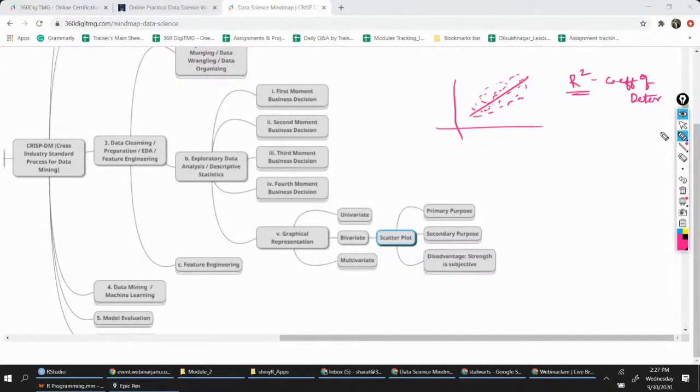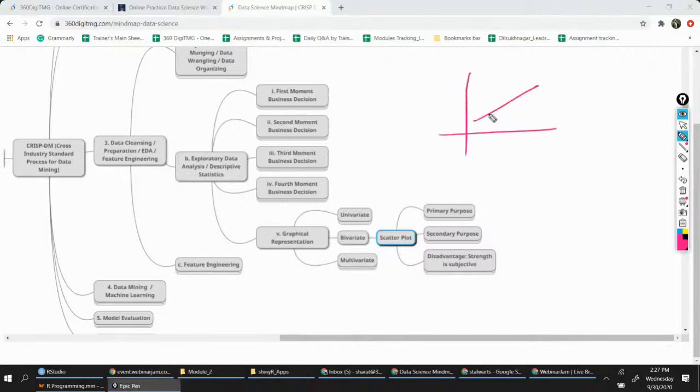If the entire data is falling on that line, then R squared will be 100%. If none of the data is falling on the line, then R squared will be 0.